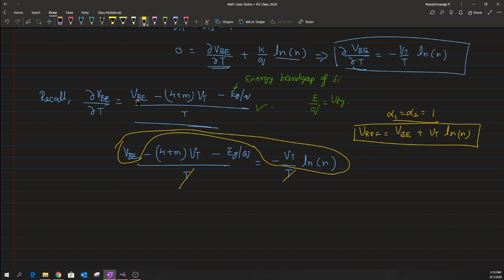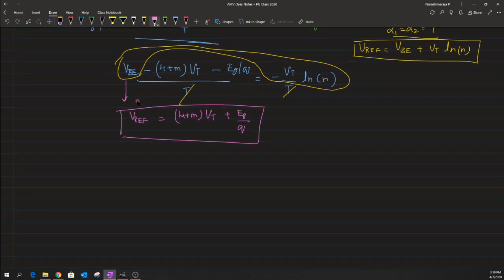So this entire combination would result in the expression of V reference, and that is equal to the remaining term, which I can push towards the right hand side as (4 plus m) Vt plus Eg/q.